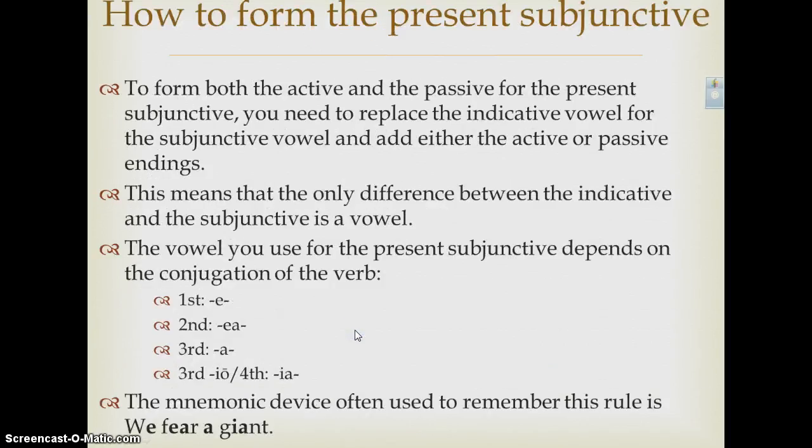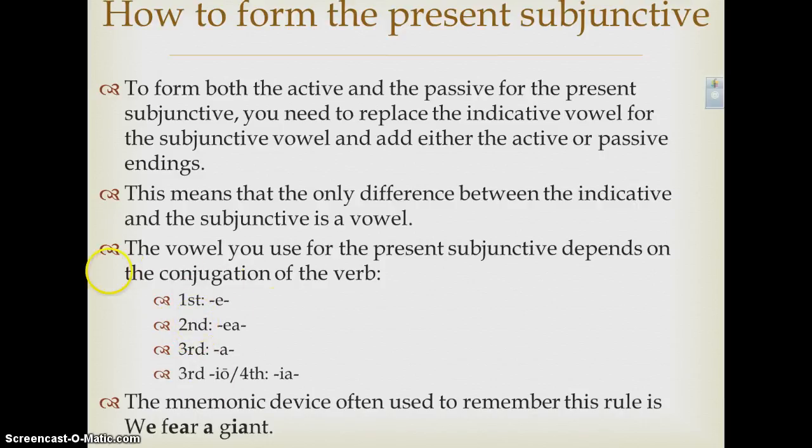So, how to form the present subjunctive. To form both the active and the passive present subjunctive, you replace the indicative vowel with the subjunctive vowel, and then you add either the active or the passive endings. What do I mean by indicative vowel? For the first 2 conjugations, that would be the vowel on the end of the stem.